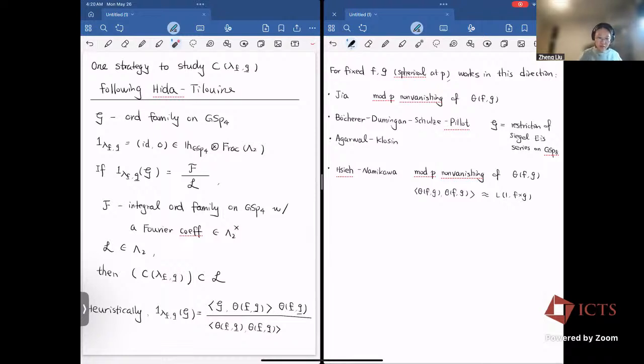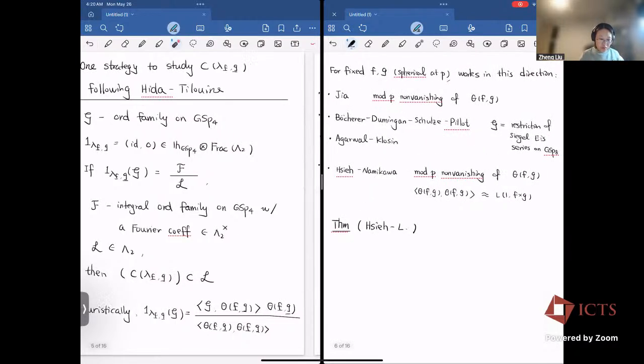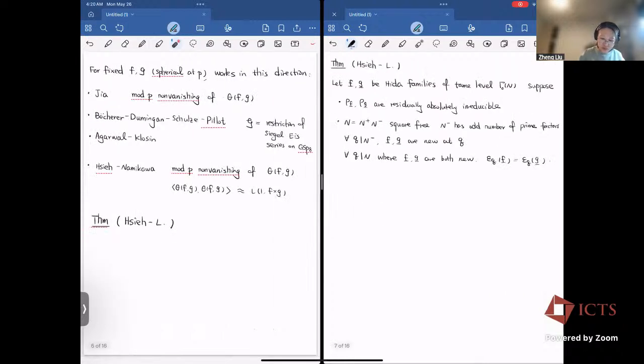So next, let me state the main result I want to discuss today. This is joint work with Minglun Xie. Actually, I already pre-wrote some conditions.